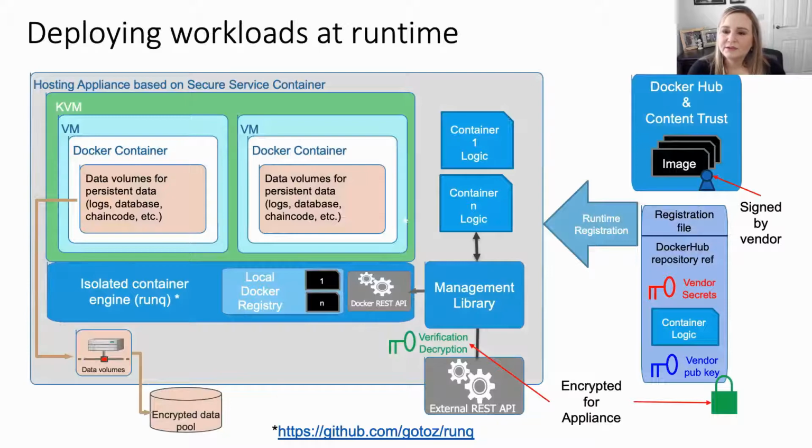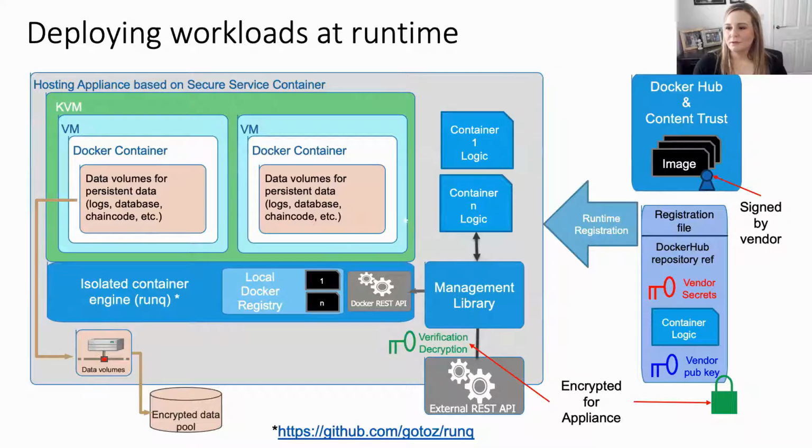All right, so let's take a look at this secure service container. We've built that gray box. So now if we want to actually deploy workloads to it, what does this look like? We're going to have out on something like Docker Hub or Docker Content Trust, these images.